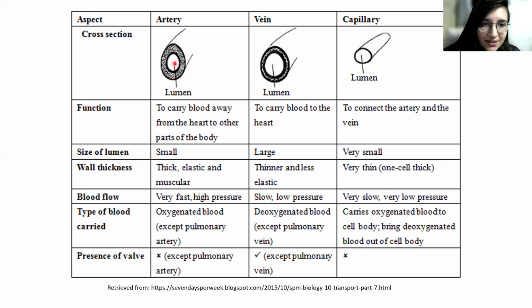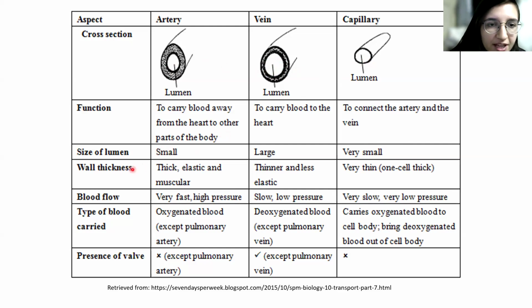Now, the lumen is the middle part of all these blood vessels. If you notice, the lumen size of the artery is quite small, but for the vein it's much bigger than the artery. You can just look at the picture here. There is a reason behind this, which I will tell you later.